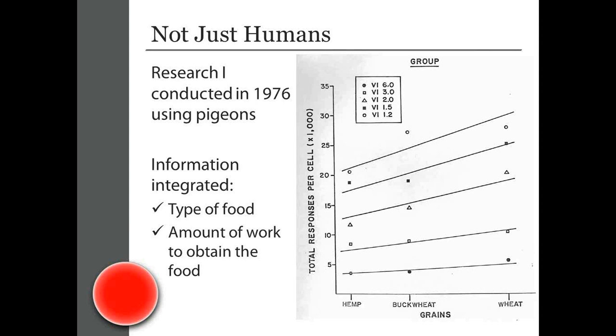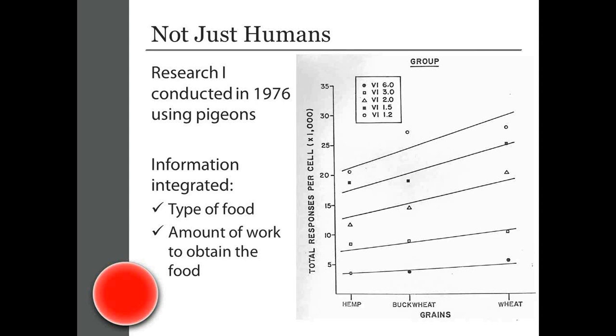And the amount of work they had to do to obtain the food. The bottom line is the amount of work, and that's a lot of work. They don't get paid very often. They have to peck the little key in the box they're in a lot to get even a little bit of whatever food is listed. You can see from the pattern, at least I hope you can see, that this is a linear fan.